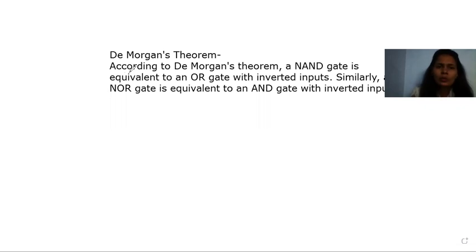According to De Morgan's theorem, a NAND gate is equivalent to an OR gate with inverted inputs.